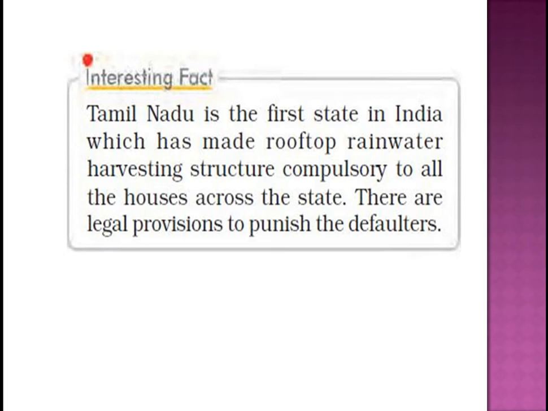There are legal provisions to punish the defaulters, because Chennai, Tamil Nadu is an area where we were having water scarcity. So it can be asked to you, which was the first state in India which has made rooftop rainwater harvesting structures compulsory. So the answer will be Tamil Nadu.